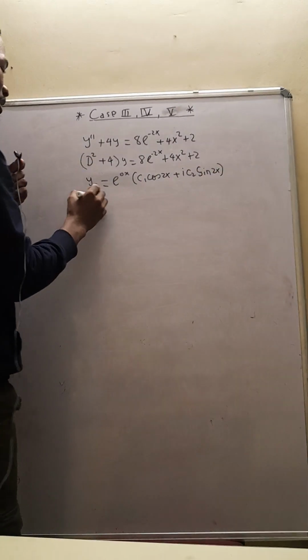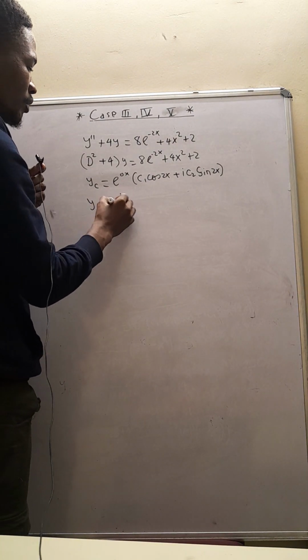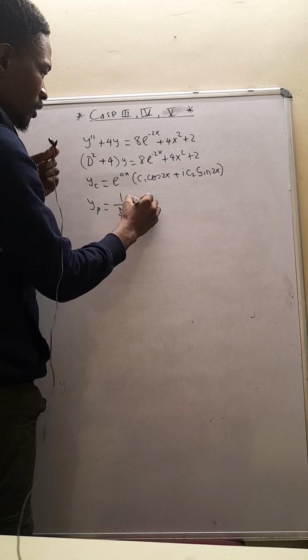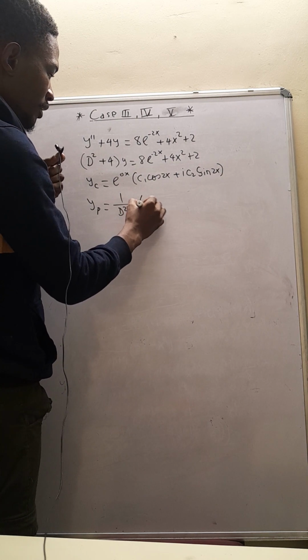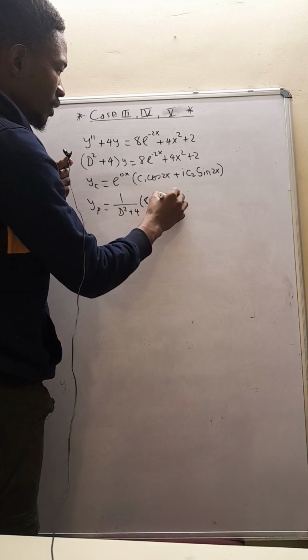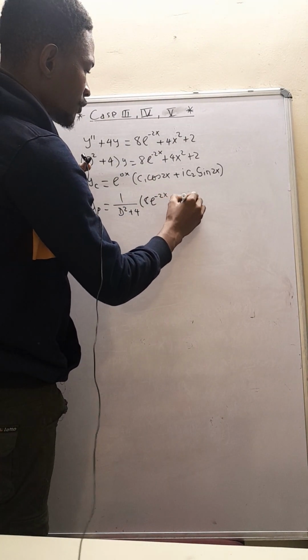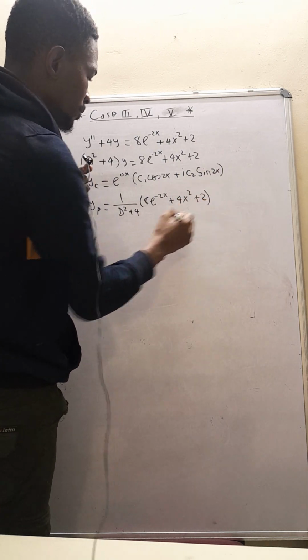Okay? Directly. So yp will be 1 upon D squared plus 4 acting on 8e^(-2x) plus 4x squared plus 2.